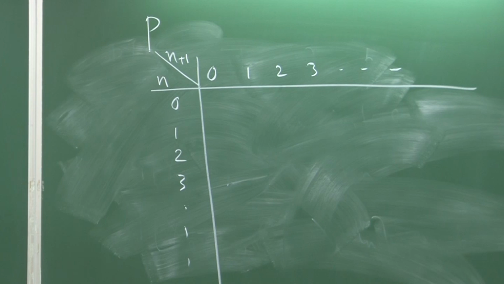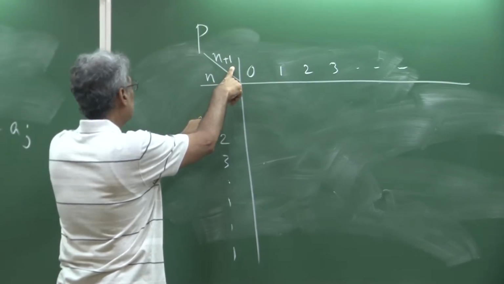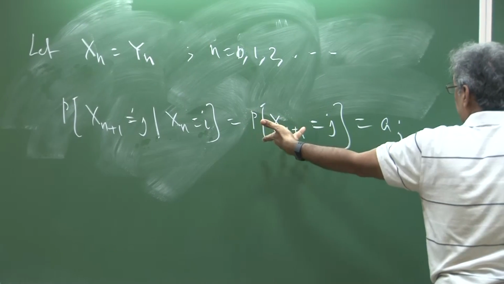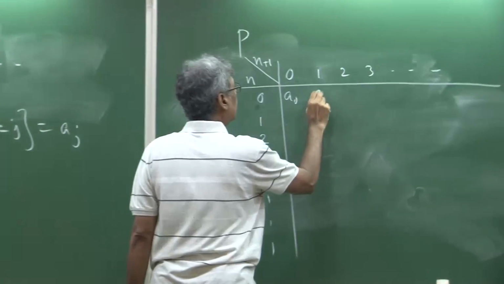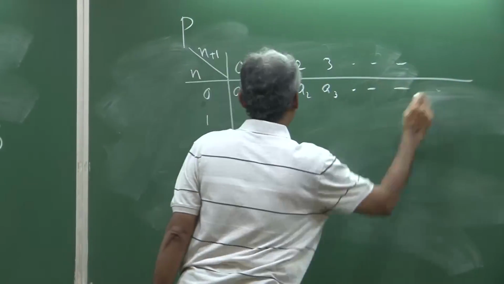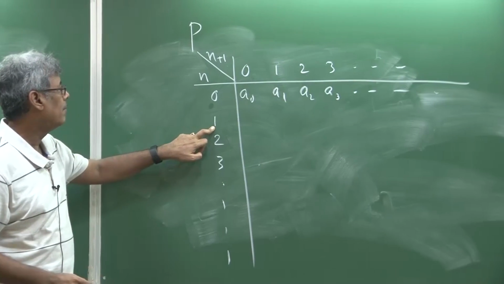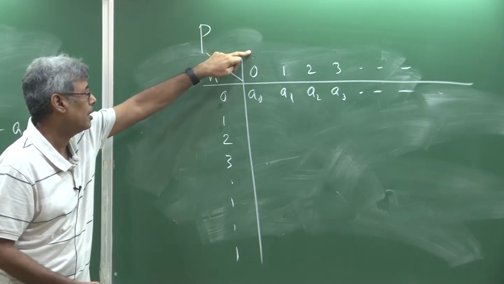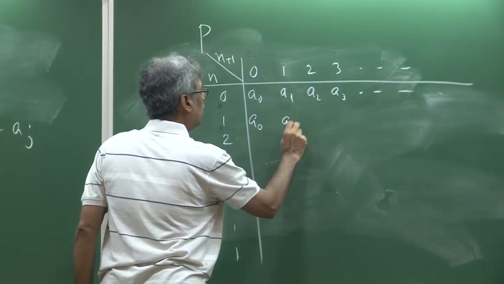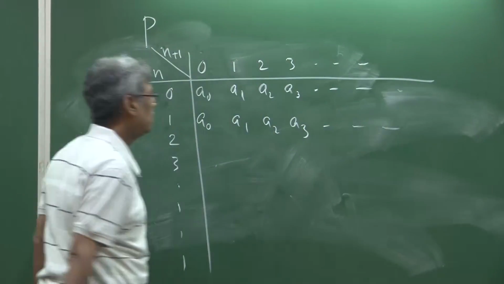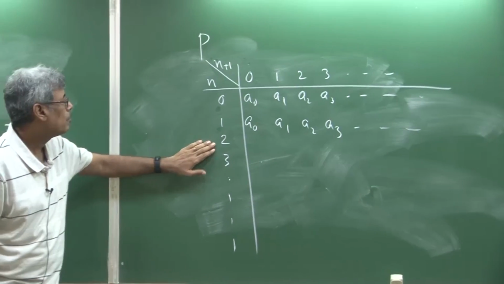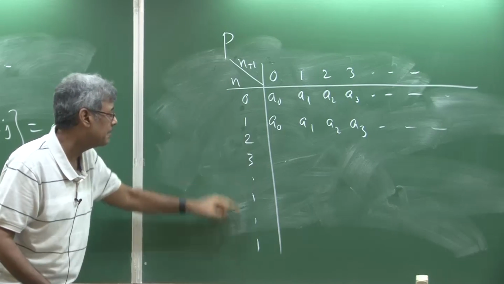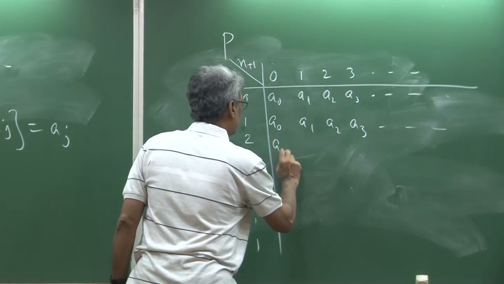So, what does it say? The probability that X_{n+1} = 0 given X_n = 0 is the same as probability X_{n+1} = 0, which is a_0, then a_1, a_2, a_3. Similarly, X_{n+1} = 0 given X_n = 1 is the same as probability X_{n+1} = 0, so again a_0, a_1, a_2, a_3. Likewise, given X_n = 2, it does not really matter, these are all the same.